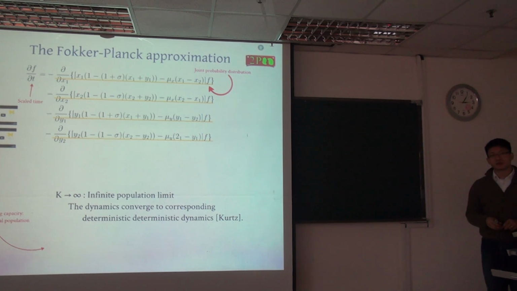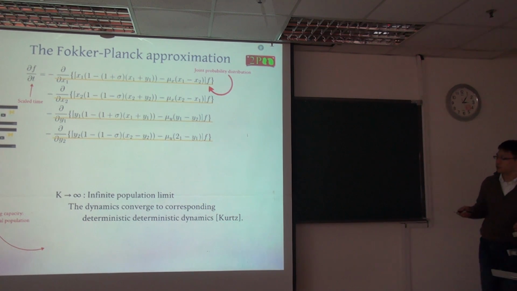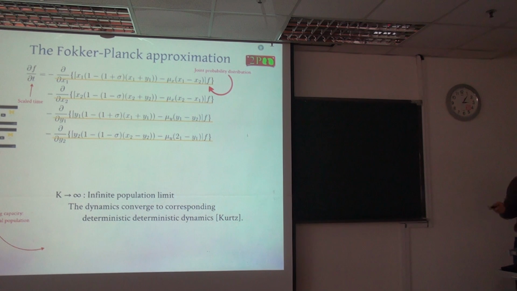It might be a little bit strange to state this to physicists, but there's a theorem proving that you can do this safely. So look at this equation. This is something we learn in statistical physics, in the sense that this is a Liouville equation. It's a Liouville flow.